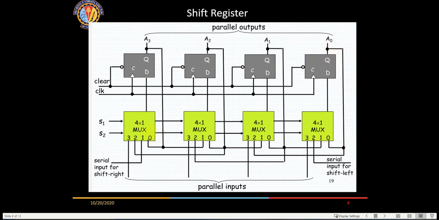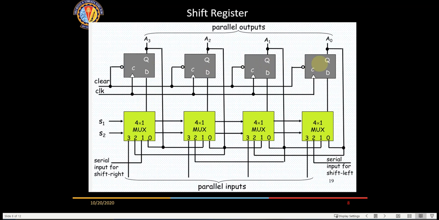So A3 is again available as output. What happens when the clock comes? Can anybody say? So the data is retained. Yeah, data will be retained. You are giving S1 0, S2 0. When the clock comes, the same data will be retained here.